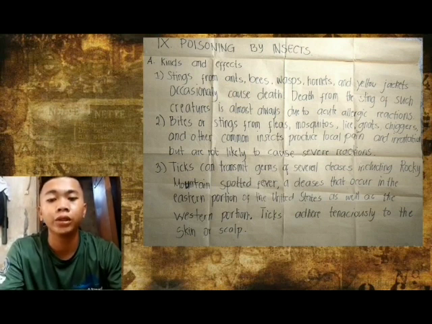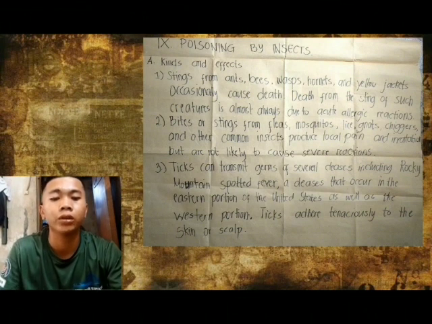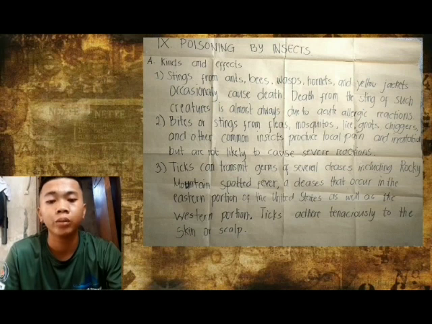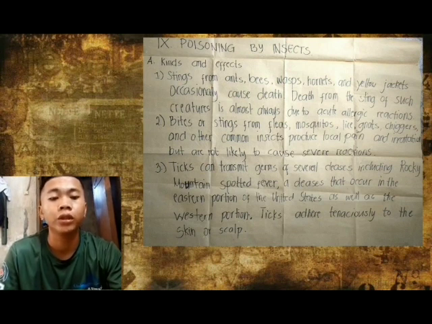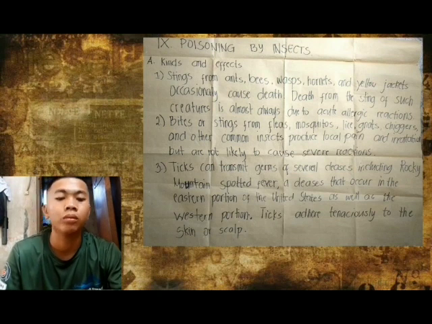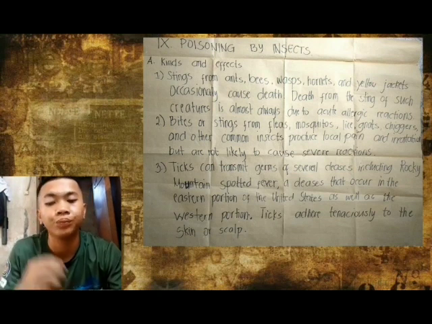Second, bites or stings from fleas, mosquitoes, lice, gnats, jiggers, and other common insects produce local pain and irritation but are not likely to cause severe reactions. Some of these insects may transmit disease to man but are not harmful in themselves.